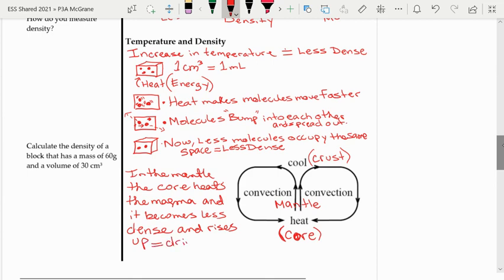This drives motion of plates. There's more that I want to say, but I can't say anymore. So imagine if this was like the crust. It's pulling the crust in this direction.